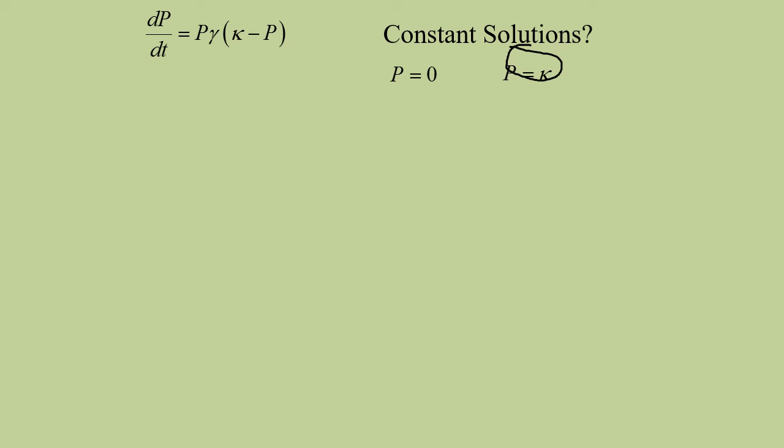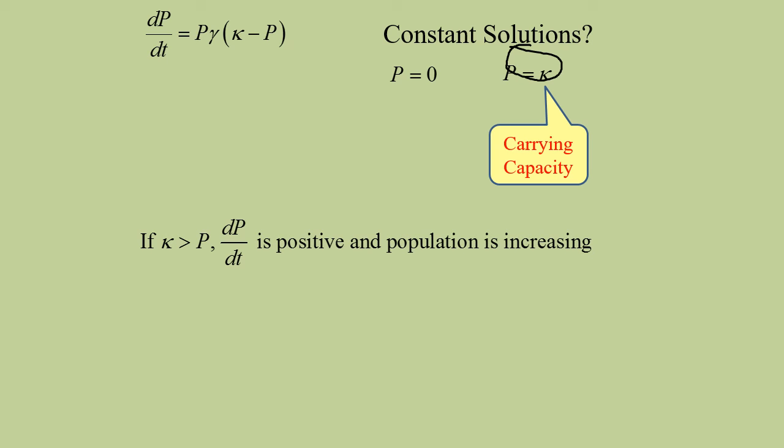Now you can probably comprehend from the differential equation and the constant solution that if kappa is greater than 0, and you look here at kappa minus P, if kappa is greater than P, then that's going to be positive. And so dP/dt is positive, meaning there is an increase in the population. So if we start out with a population smaller than the constant kappa, it's going to grow up to the constant kappa.